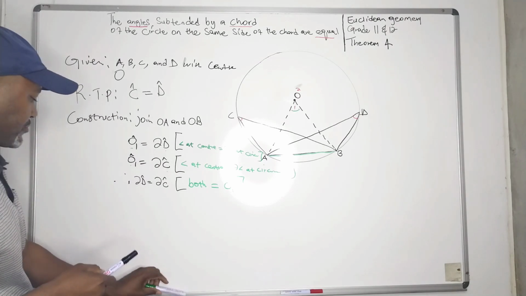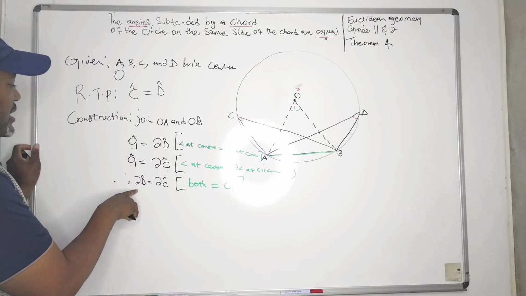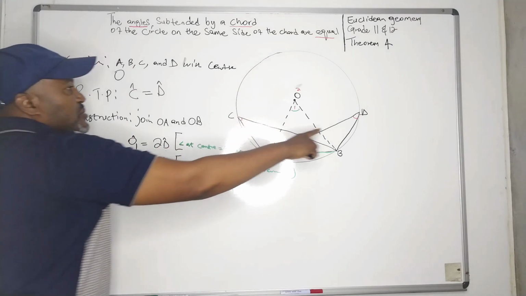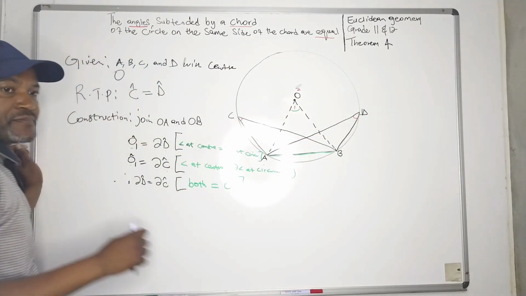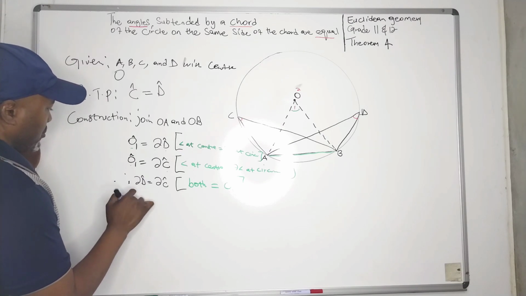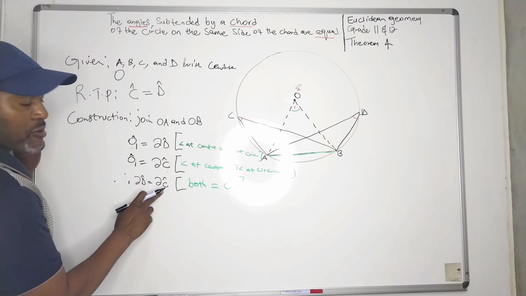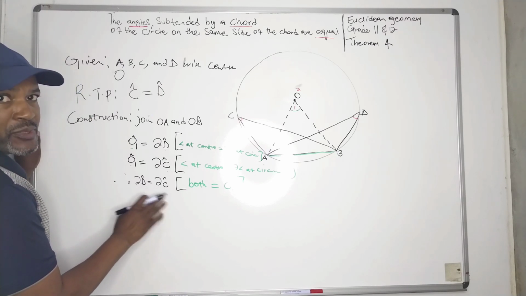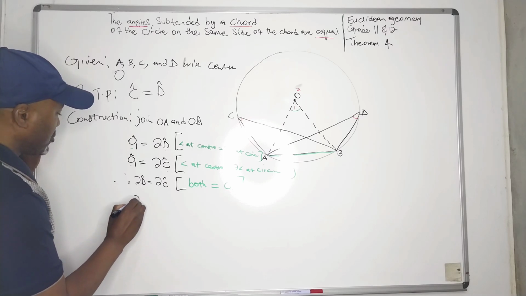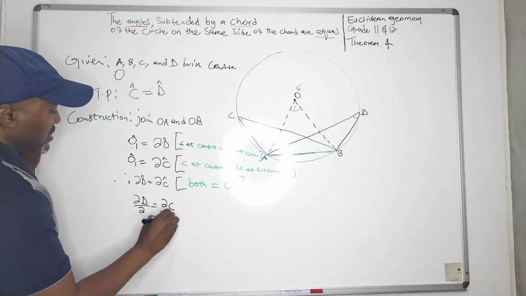Now, we want to prove that angle C is equal to angle D. Okay? So, we've got 2D is equal to 2C. So let us divide by the coefficient on both sides. We are going to divide by 2 both sides. 2D divided by 2 is equal to 2C divided by 2.